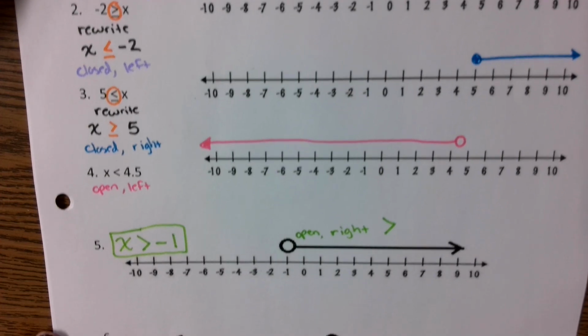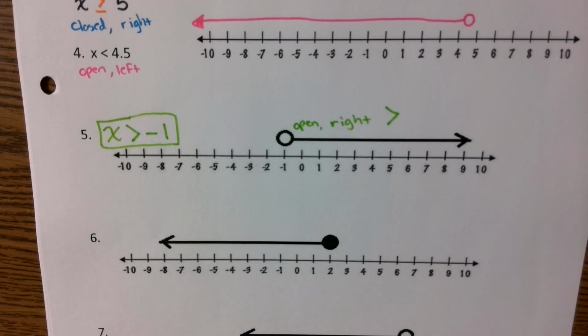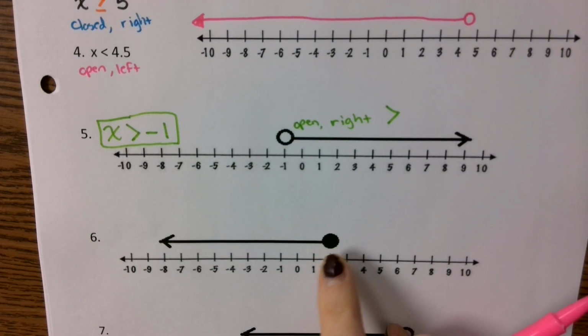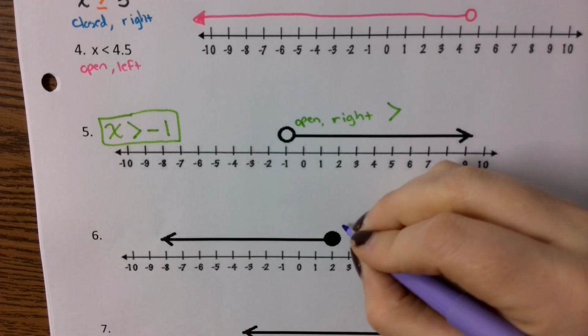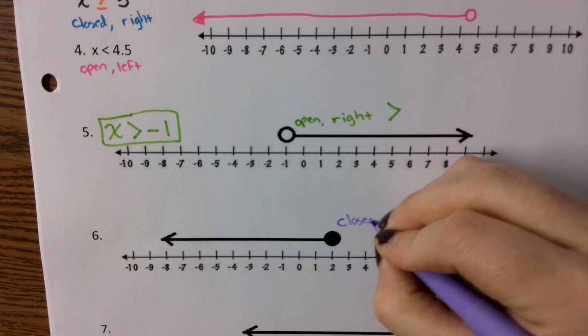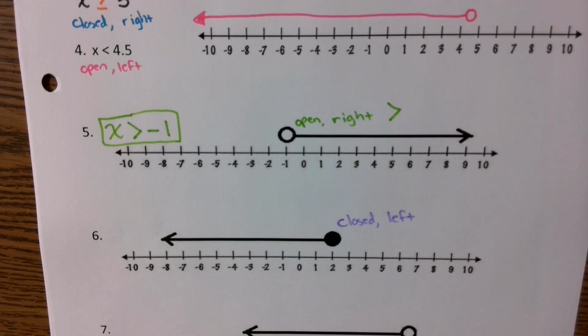All right, for problem number 6, we have a closed circle, and it is graphing itself to the left. So when it is closed and it is moving to the left, what inequality symbol do we use for closed and to the left? Giancarlos?